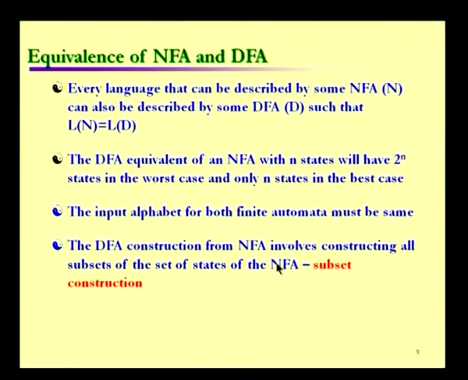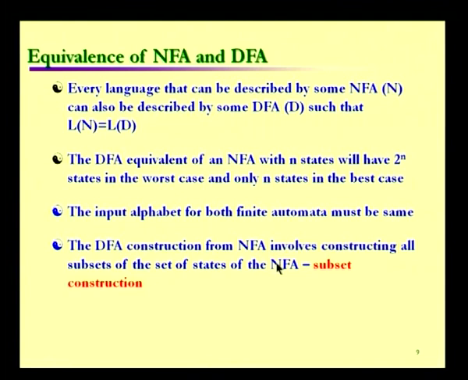Similarly, any language that can be recognized by a deterministic finite automaton can also be recognized by a non-deterministic finite automaton, which means we have equivalence between the two. So, given an NFA, it is possible to transform it into its equivalent DFA, or we can even see a deterministic finite automaton as a non-deterministic finite automaton. For every non-deterministic finite automaton, there will be an equivalent deterministic finite automaton.